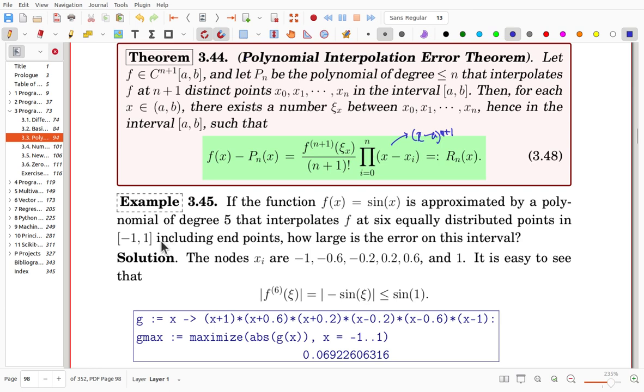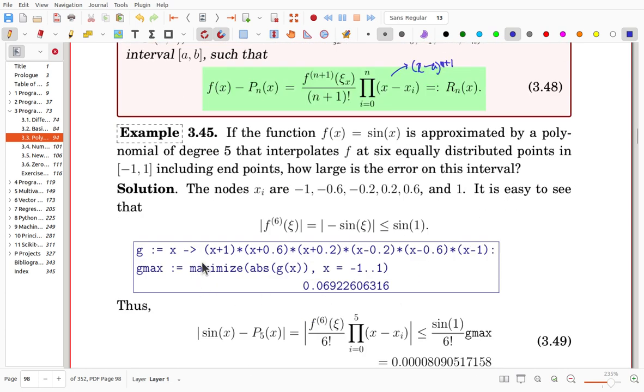Now we want to measure the maximum possible error. So here the points are given, and following this formula, n is 5, so we have to get the 6th derivative, and we measure it. Psi must be between minus 1 and 1, so the maximum possible value is sine 1.